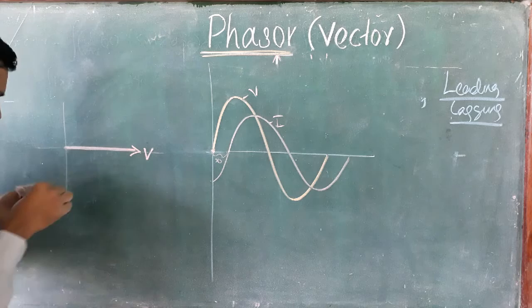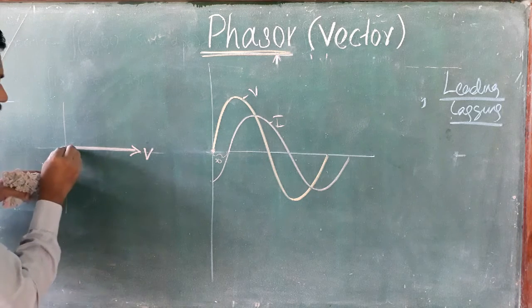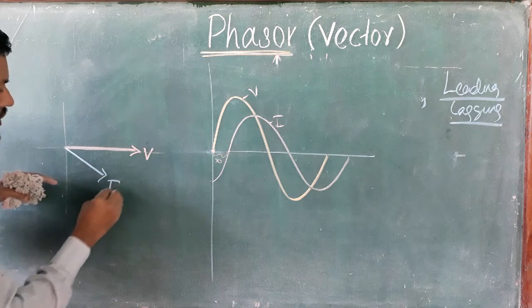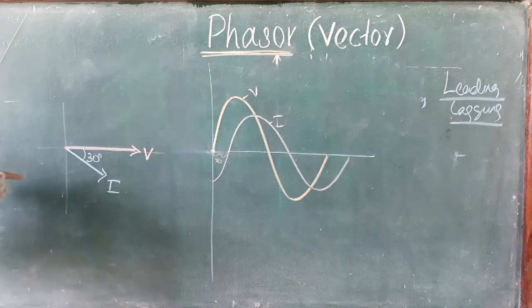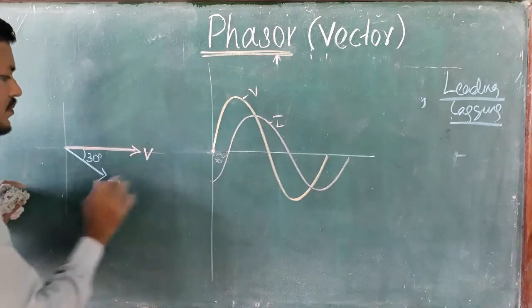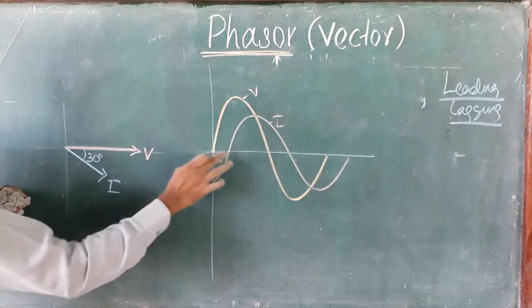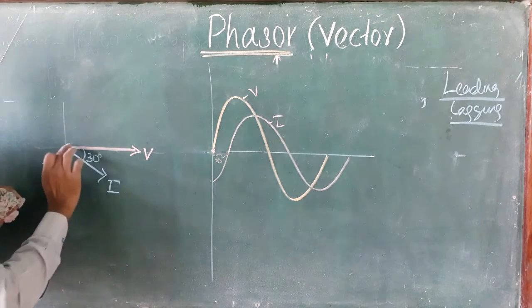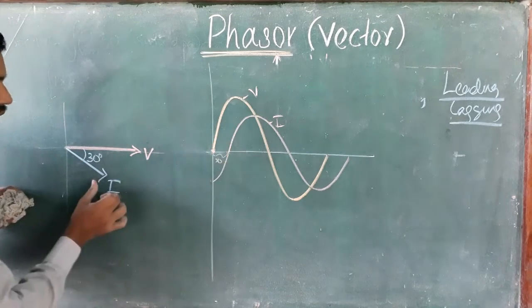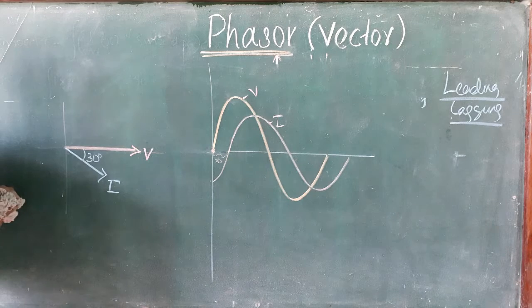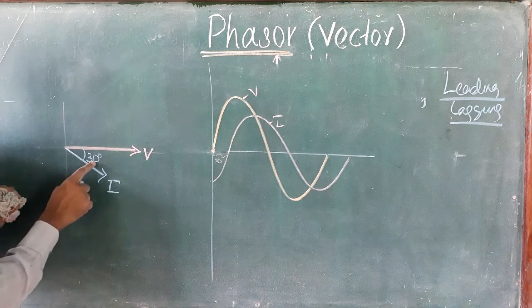Lagging means it's behind, so this is the current lagging by 30 degrees, clear. So we converted the voltage and current waveforms into phasors. Now V is the reference, and with respect to the reference, the current phasor is lagging by 30 degrees.